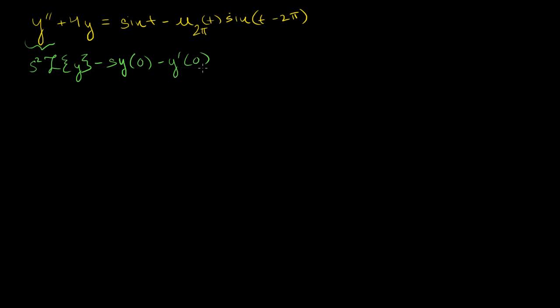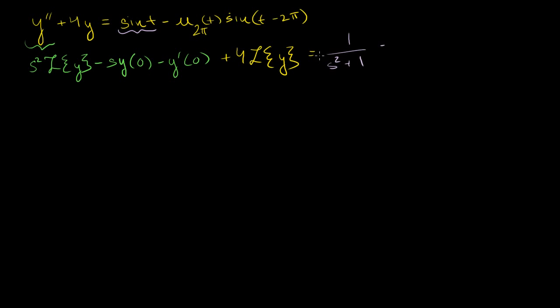So clearly, I must have to give you some initial conditions in order to do this properly. And then plus 4 times the Laplace transform of y is equal to, what's the Laplace transform of sine of t? Oh yeah, that should be second nature by now. It's just 1 over s squared plus 1.